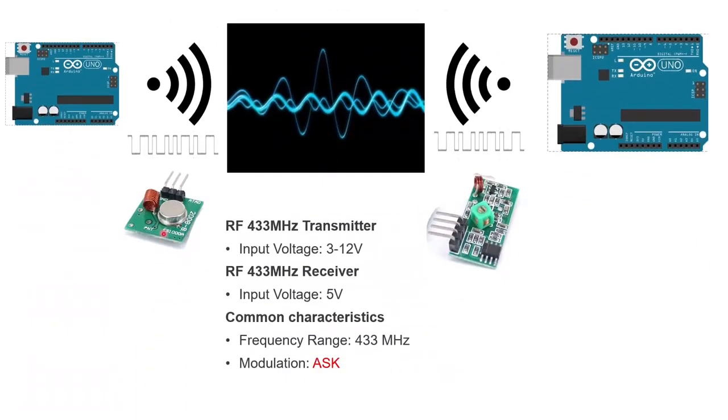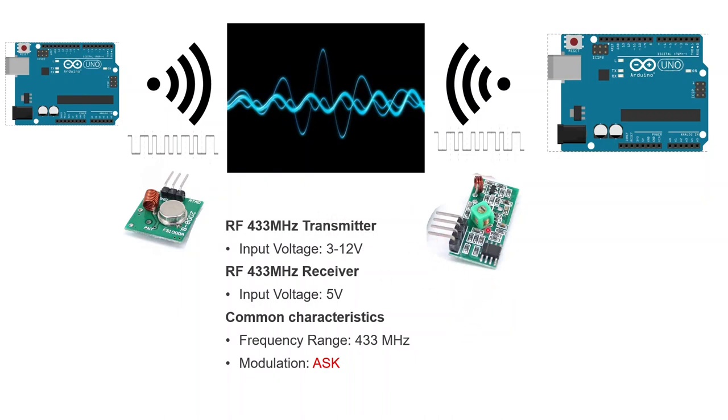This is what our transmitter and receiver devices use to communicate between each other. They use ASK, this type of modulation, and they work at this frequency, 433 MHz. As a side note here, if we add antennas to either the sender or the receiver or both, it will increase their transmission range.